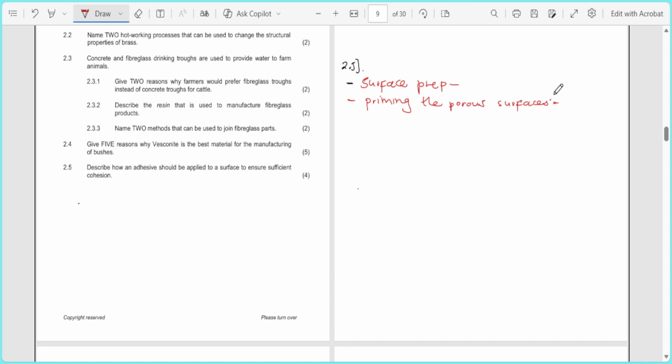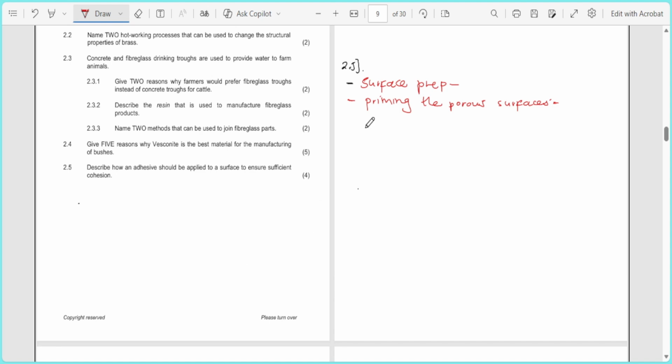So we prep the surface by filling in those small holes, so that once we start applying the adhesive, most of it is left on the surface, providing enough contact between the combining materials.